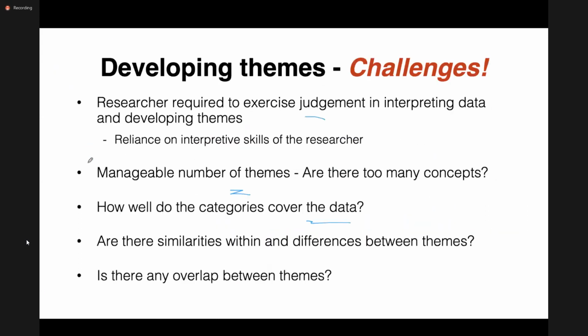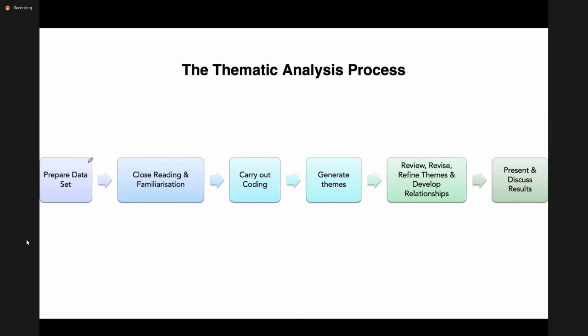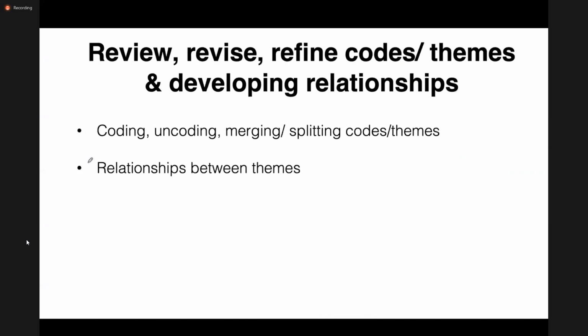So you have to be able to correctly and clearly define what each theme is, what goes into each theme. There should be clear boundaries, clear differences between your separate themes. Once you come up with a first set of codes, then you have to keep going through those, revising them, refining them, until you come up with a list of themes that you're happy with.